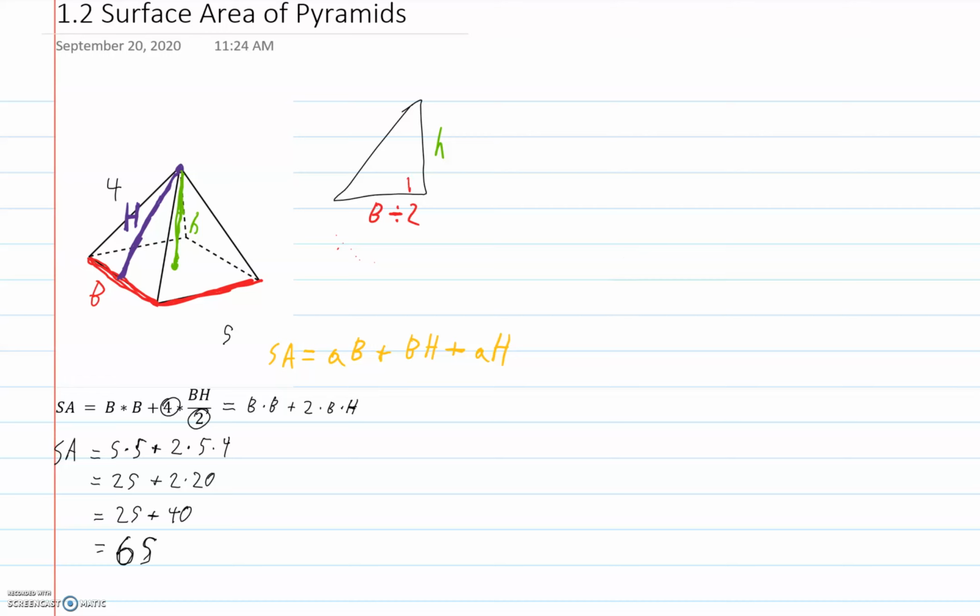And now we can use something called Pythagoras Theorem. Pythagoras Theorem tells us that if we have a triangle with a right angle, and A, B, and C are the sides, then C squared equals A squared plus B squared. So we can find any of the other sides if we use the other sides.